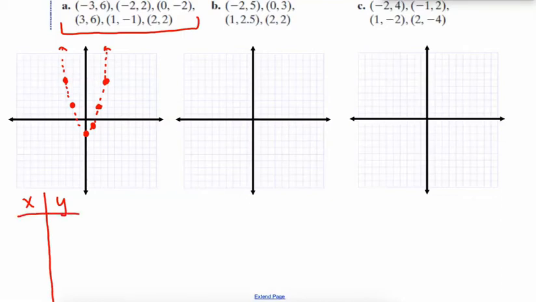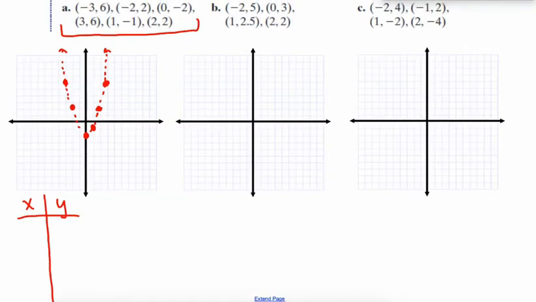And I'm going to order the x's from least to greatest. So negative 3 is the smallest x value, and it has a corresponding y value of 6. Negative 2, positive 2. And then out of 0, 3, 1, and 2, 0 is our next one.